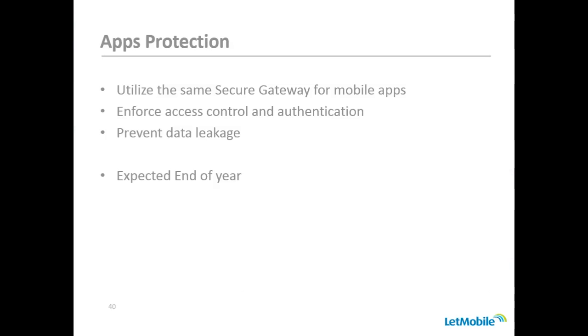We're going to enforce the same access rules, the same authentication, the same capabilities on your applications. And on the way back, we're going to run all the DLP policies and rules and capabilities in order to ensure that data is not downloaded to the device if it's not allowed to. And there is no data stored on the device if we don't allow it, or it's unencrypted or unsafe. So the same concept will be migrated back to the application, and it's something that we expect to release soon.